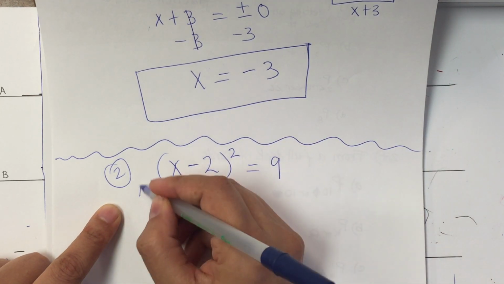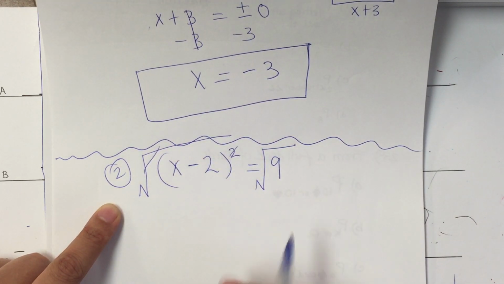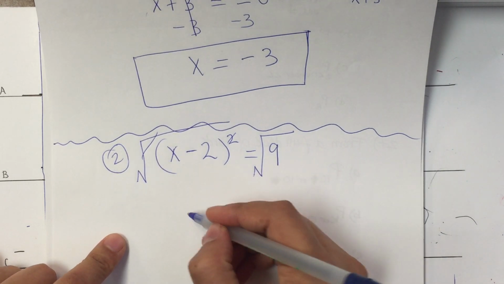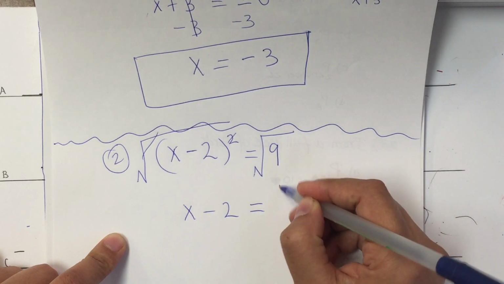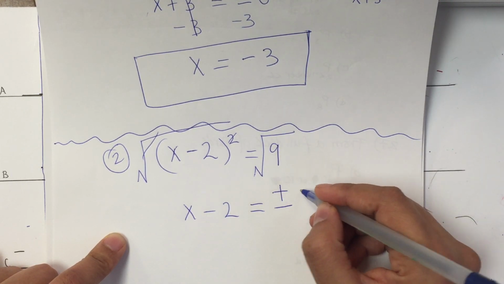And so we take the square root of both sides. And so it's going to be x minus 2 is equal to plus or minus the square root of 9, which is 3.